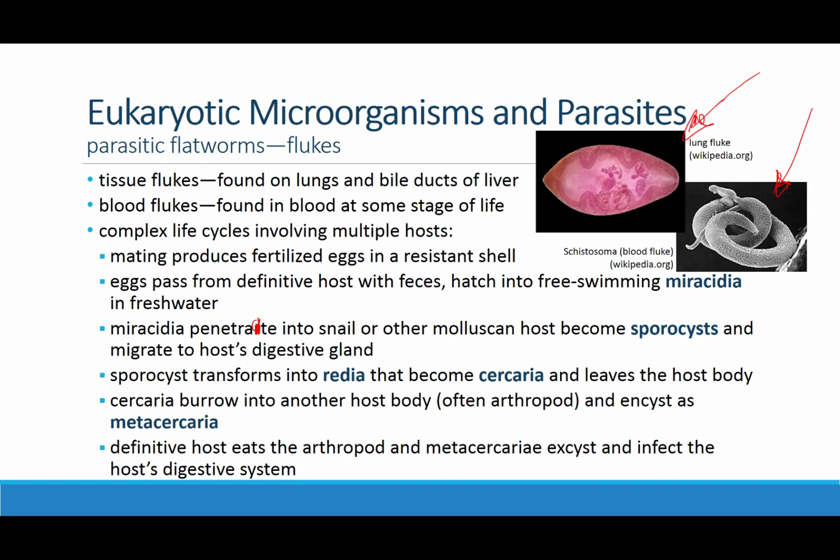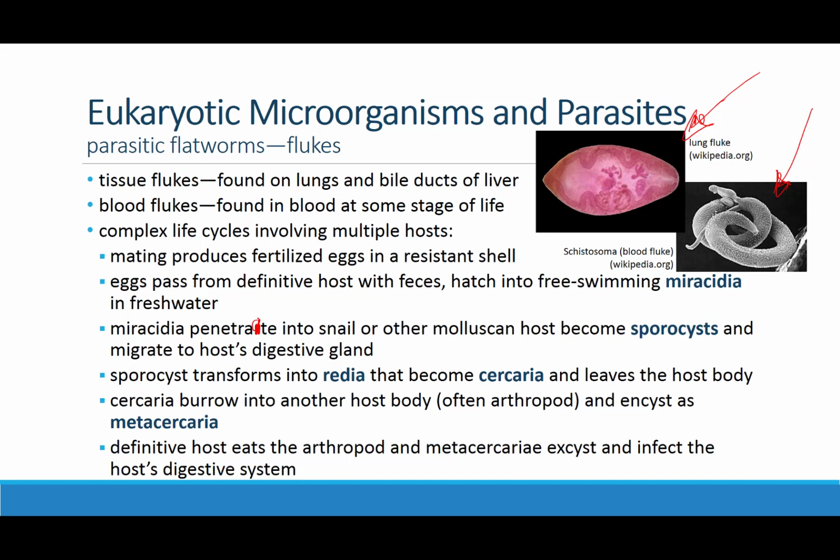Frequently it's an arthropod, so a crayfish would serve as a second intermediate host. This crayfish then has the cercaria that enter its body, and then they encyst in the tissues, forming something called a metacercaria.